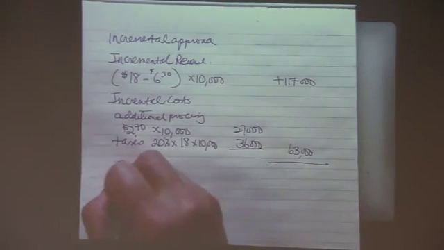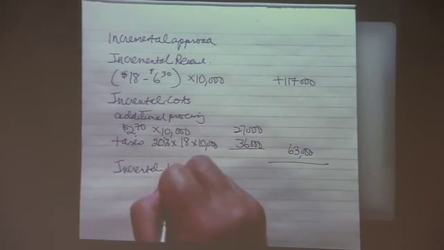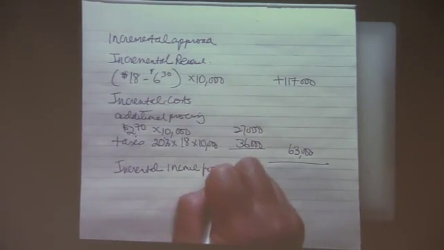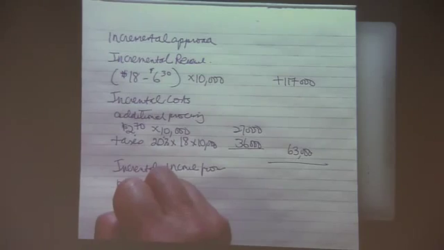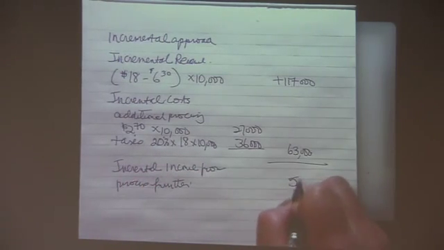So the incremental income from processing further is the difference between these two.